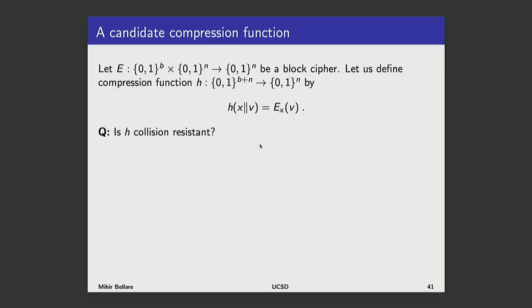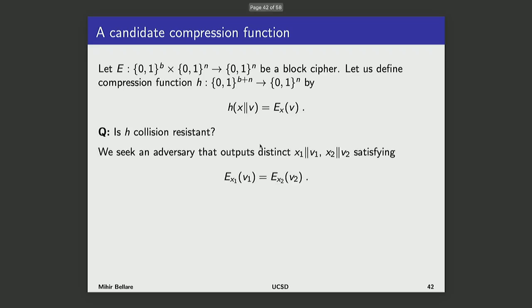So that would be the first thing that comes to mind, but then you have to ask if it works. And when we study whether it works or not, as we looked at when we talked about collision resistance examples, the way you set up that question is always as an equation.